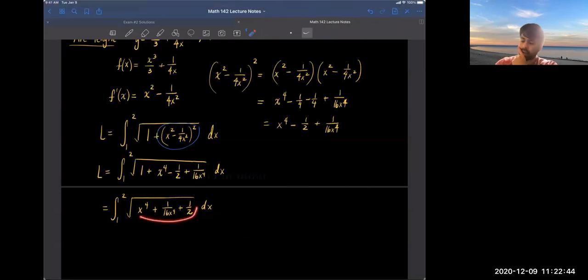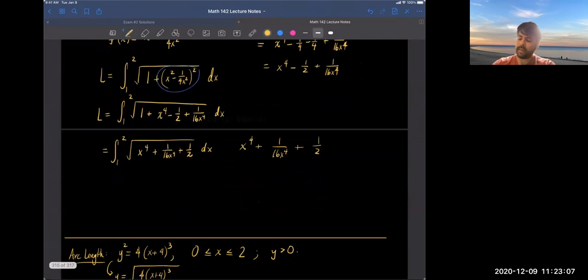But then after this, can we do anything here? Is it possible? So maybe. Let's look at this. So this is x to the fourth plus 1 over 16 x to the fourth plus 1 half. It might help if we set everything to the same denominator. So if I do that, I would get what? Actually, no. This would be x to the eighth over 16, pardon me.